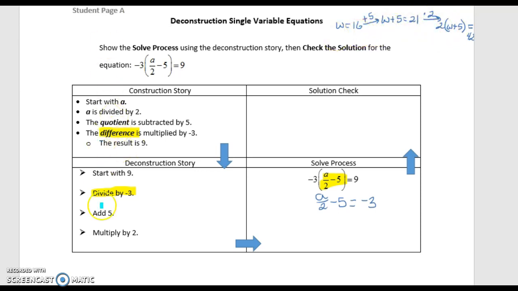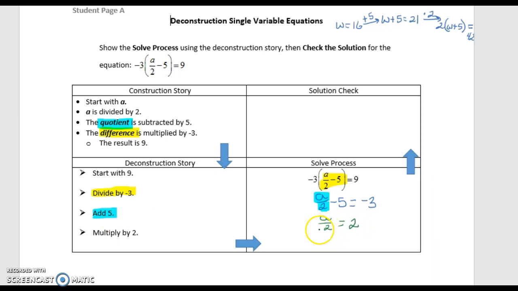Next, if we add 5, that's the opposite of subtracting 5, and we're going to end up with a quotient, and the quotient lives right here. So we know that a divided by 2, when I add 5, that must mean this quotient was equal to 2 to begin with.